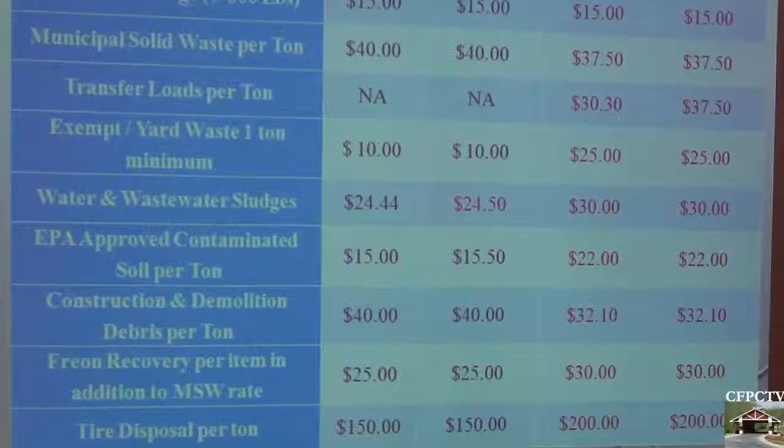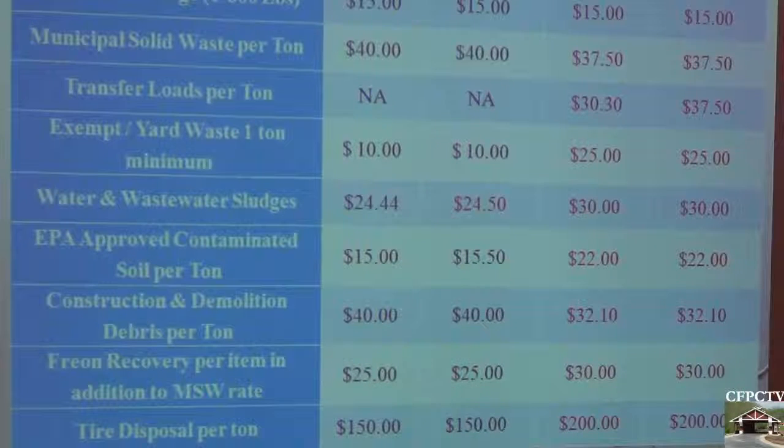And probably the largest one down here is the tire disposal per ton at $200. The $150 a ton that we currently charge does not really cover our expenses. It barely covers some. We do not charge the townships when road crews bring in tires.